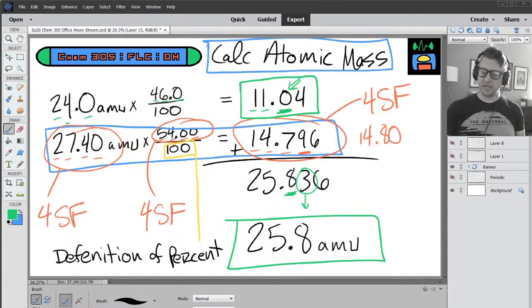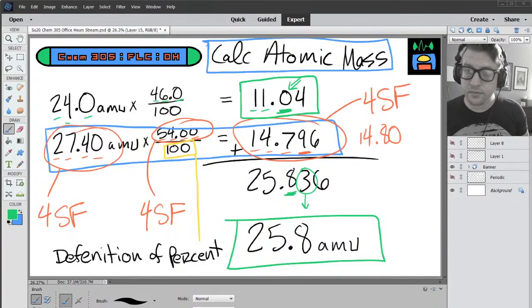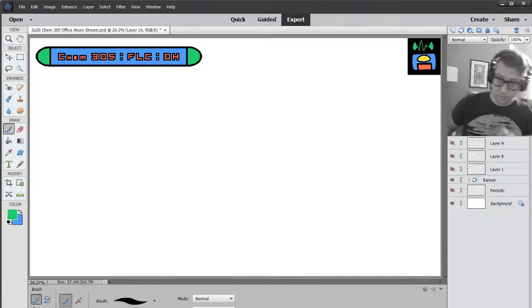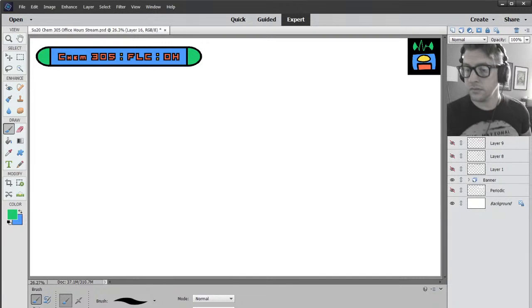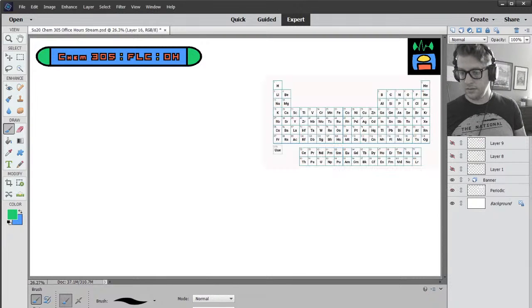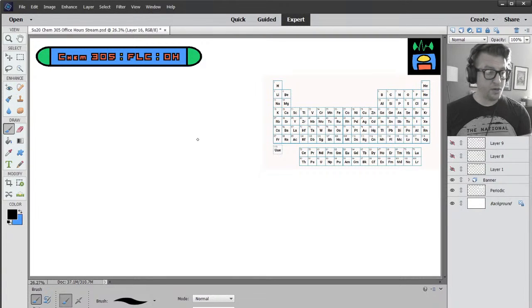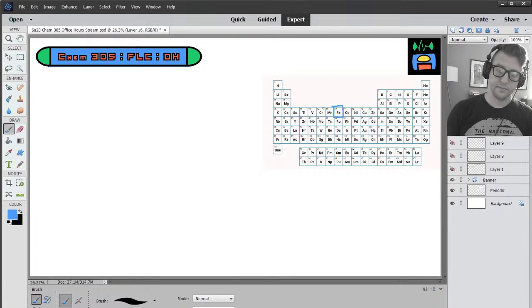Okay. Now I understand what you're asking. So here's the deal. And actually, we'll make use of our periodic table. If you look on the periodic table, for example, let's look at iron.